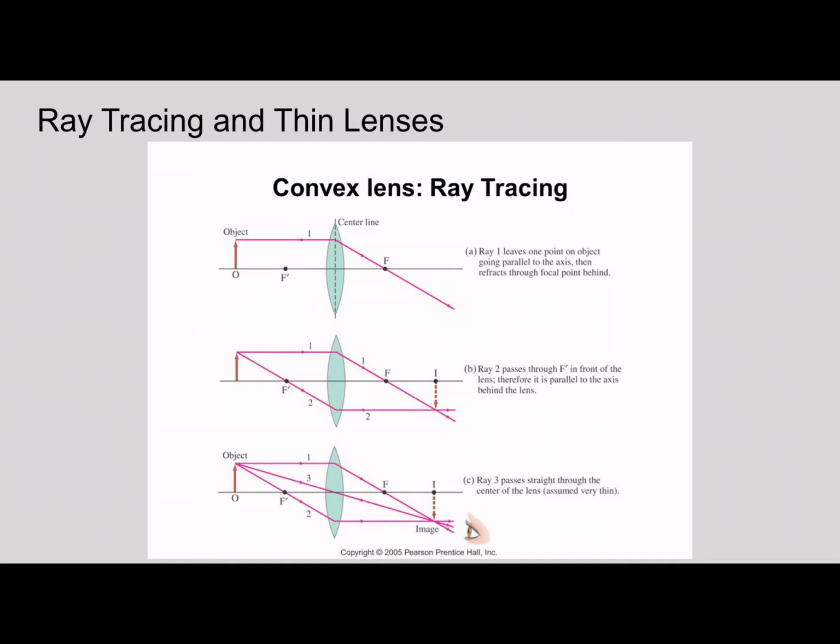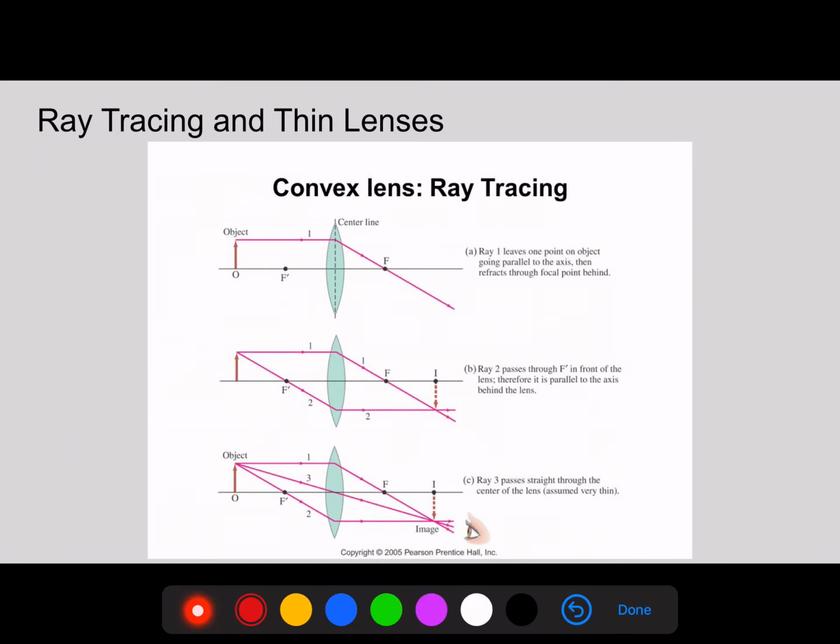So the rule of thumb that you can use is your first ray in your ray tracing diagram will just go parallel to the principal axis, the same way we did with a mirror. And then when it's refracted out of the lens, if it's a converging lens, which is convex or biconvex, it will go straight through the focus on the other side.